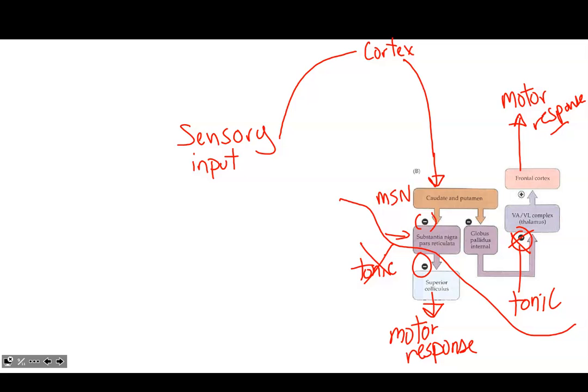So one other important point to make before we go on, right? We said that input to the striatum is driven by the cortex, and that this is glutamatergic. But that's not the only place that input to the caudate and the putamen can come from. We mentioned one other place.